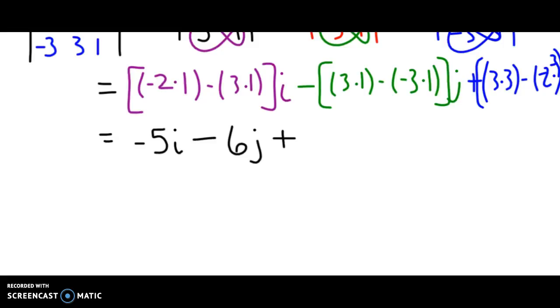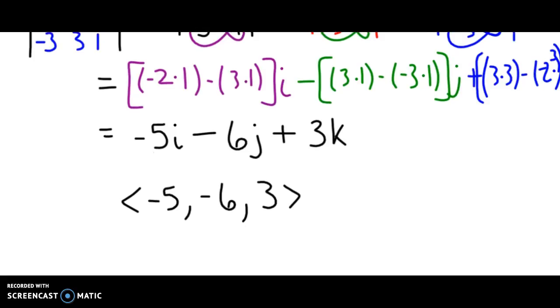Plus 3 times 3 is 9, minus negative 2 times negative 3 is a positive 6, so 9 minus 6 would be 3k. So now I have ijk. So this actually creates a vector, and that's going to be negative 5, negative 6, 3.